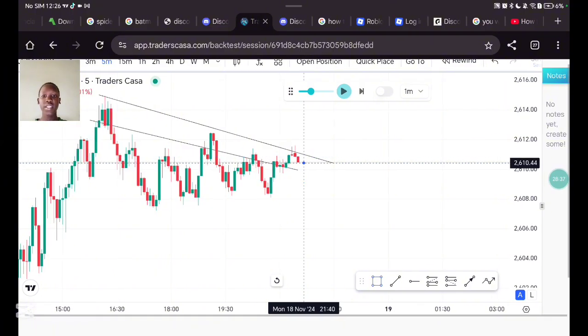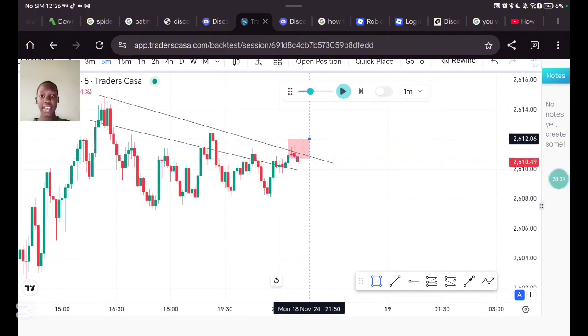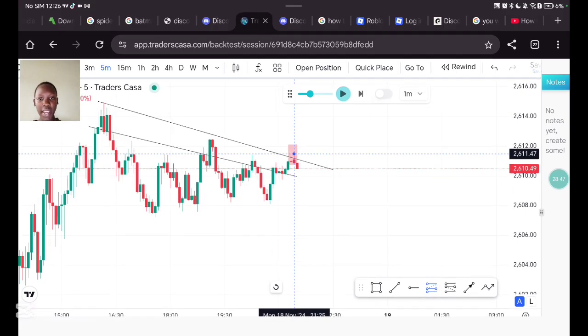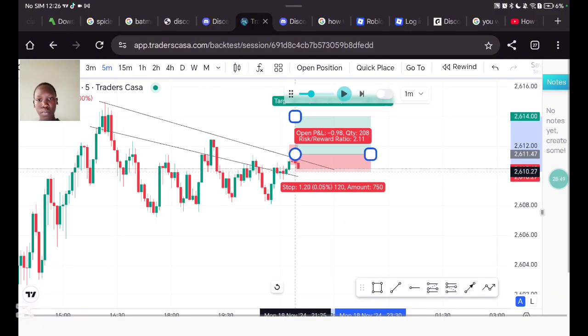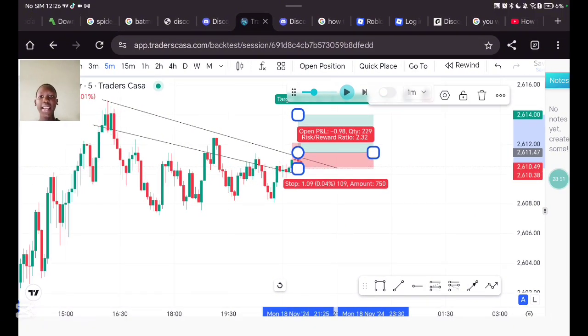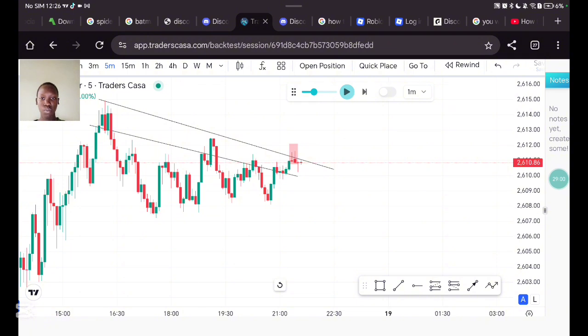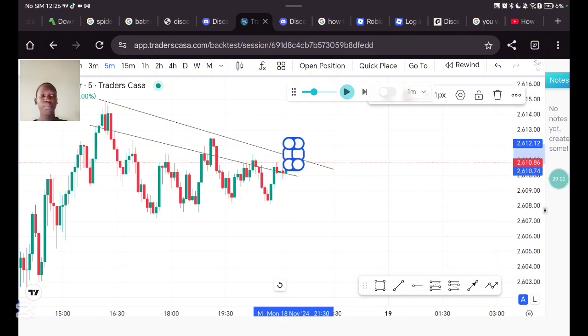Now the market did not enter. Many of you are going to enter here, then you put your stop loss below here, boom, then you hit your stop loss. Then you say this strategy does not work, but yet you are doing it in the poor way.